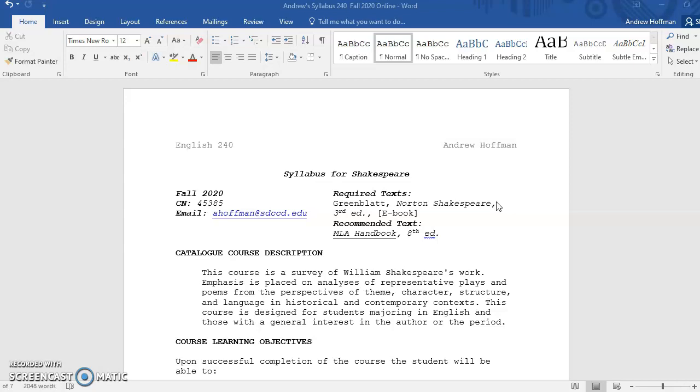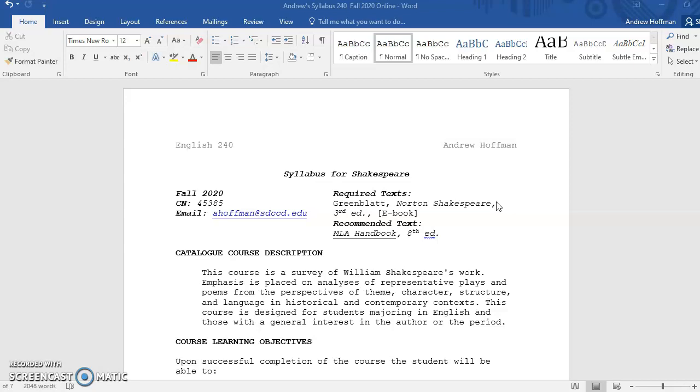Famous English professor alive today. More importantly, it's all that editorial work, the textual work, the definitions, the analysis that Greenblatt provides. You get all that. So if you choose to go it alone, you will not be getting that. And that's up to you.